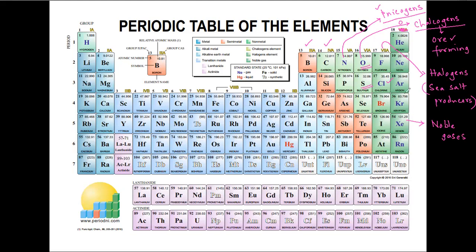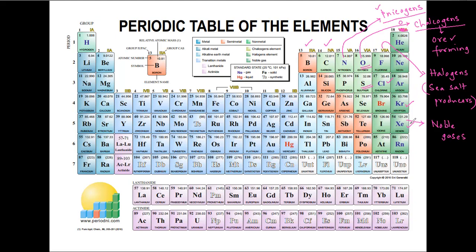But later they came to know that krypton and xenon, of course, react with some other elements like oxygen, fluorine, etc. Earlier, these were thought as non-reactive or inert, so they were given the name inert gas elements.